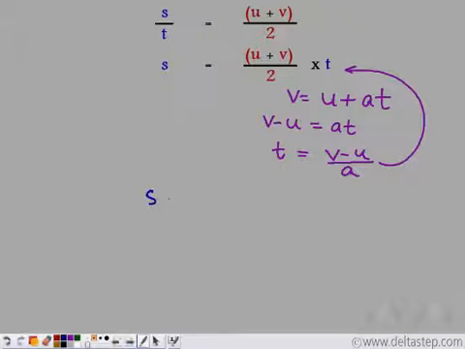We get s is equal to (u plus v) by 2 into (v minus u) by a.